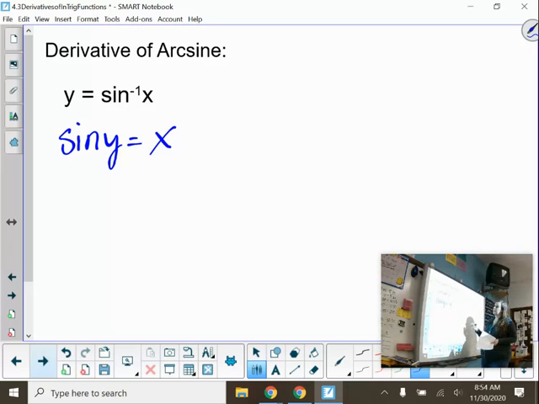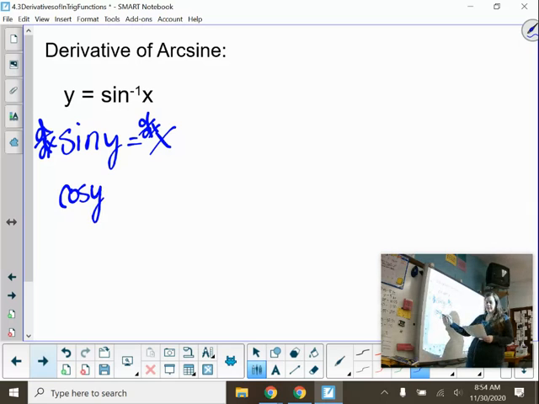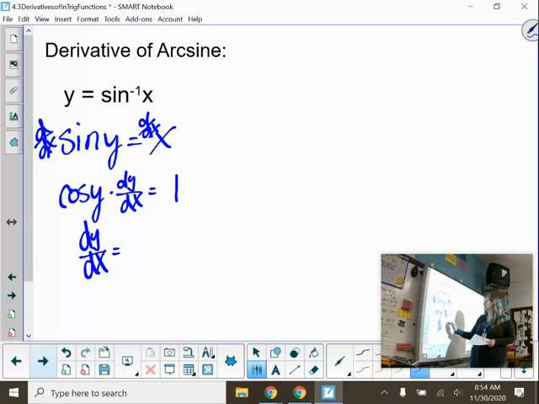And so if we go through and take the derivative of both sides, so d/dx there, d/dx there, I end up with cosine of y times dy/dx is equal to 1.